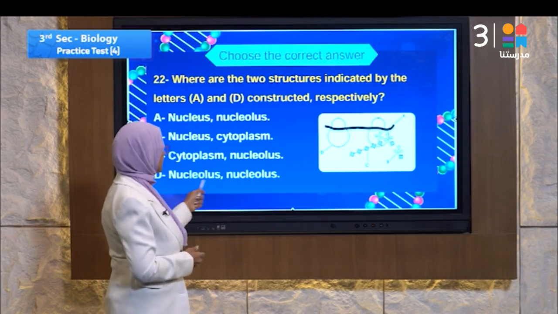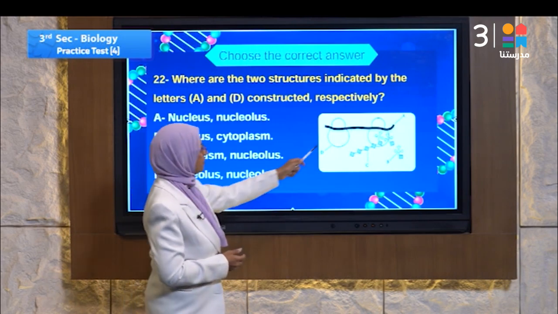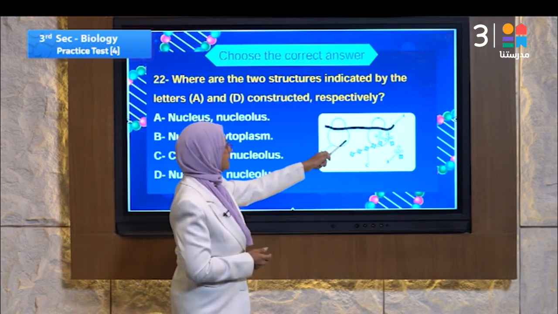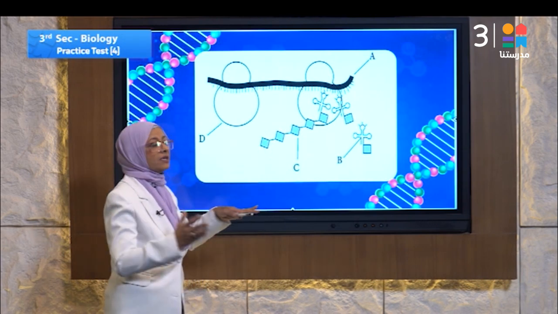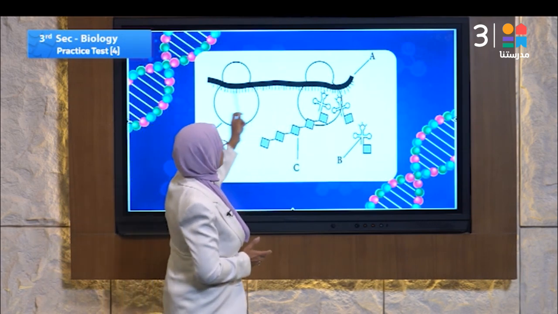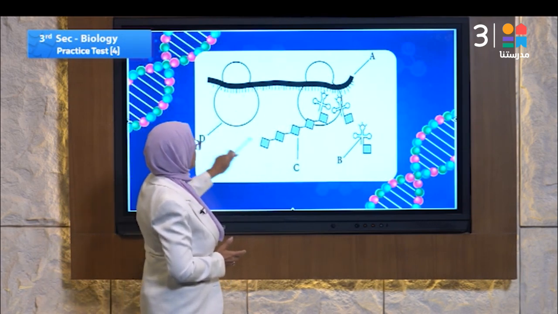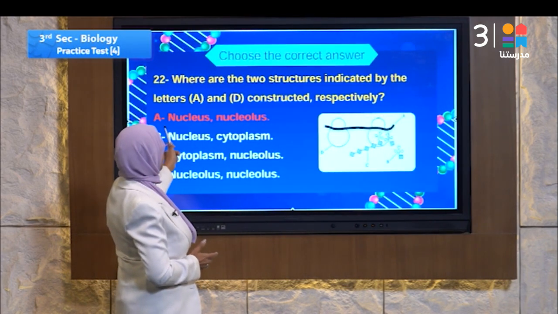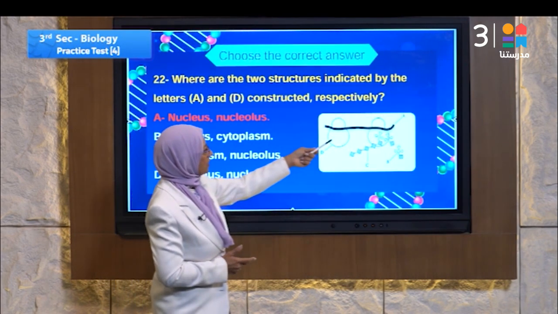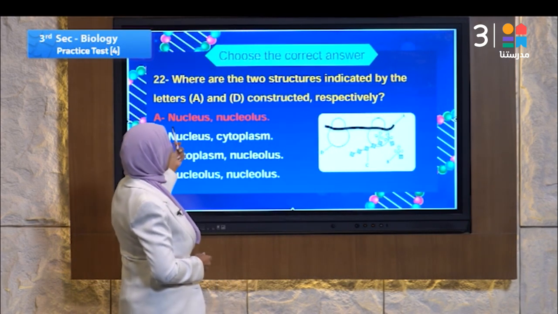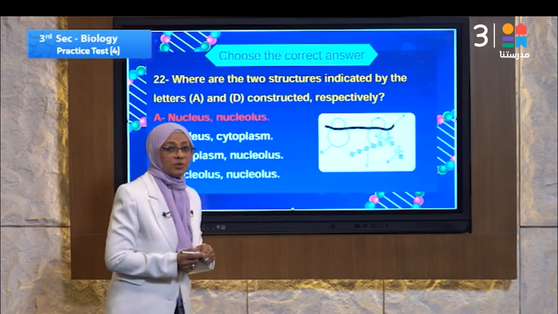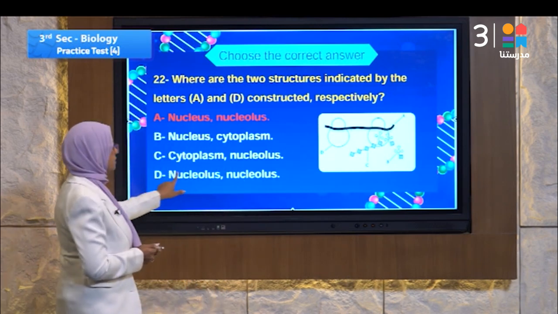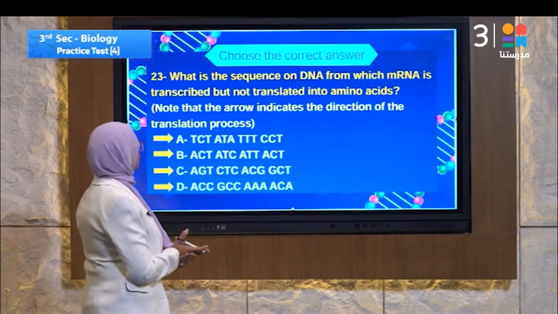Number D, nucleolus and nucleolus, they are constructed in the same place. No. The figure is about A, messenger RNA, and the ribosome. So the answer must be nucleus: the messenger RNA is constructed at the nucleus and the ribosomes are constructed at the nucleolus. Yes, that's the answer. Let's go to question number 23.